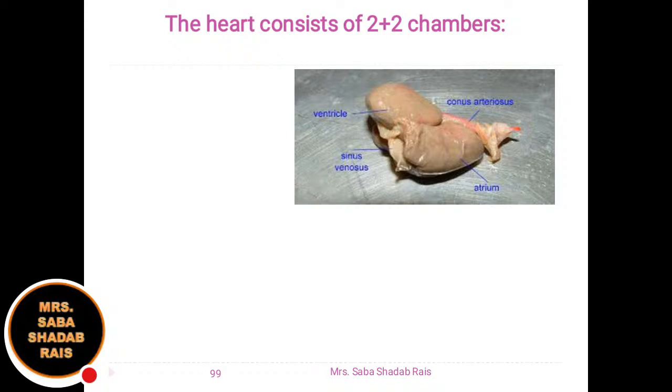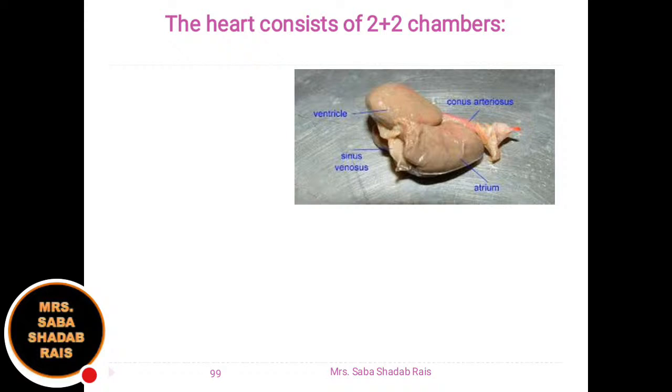What is this accessory chamber and what is this main chamber? See students, the heart of any animal has two most important chambers. One chamber is called the receiving chamber, and the second is called the distributing chamber.